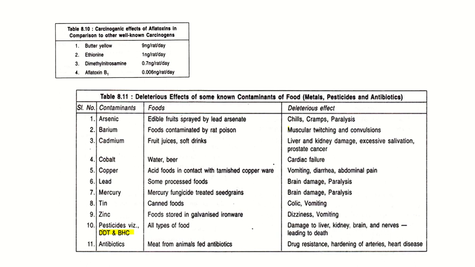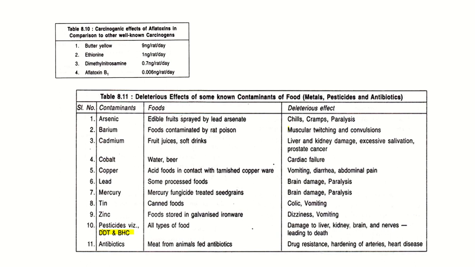Mercury is generally utilized in seed dressing materials for seed grains, or it can also be used as a fungicide or pesticide. So if the contaminants come into your food materials, it causes brain damage and paralysis, the same as lead.